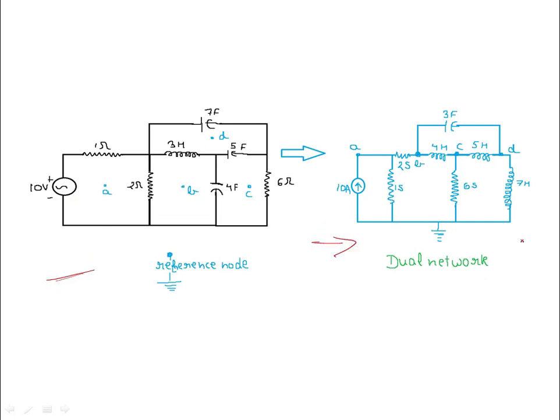I have drawn it more neatly, and now you can compare this. Voltage source becomes current source, 1 ohm becomes 1 Siemens, 2 ohm becomes 2 Siemens, 3 Henry becomes 3 Farad, 5 Farad becomes 5 Henry, 4 Farad becomes 4 Henry, and so on.